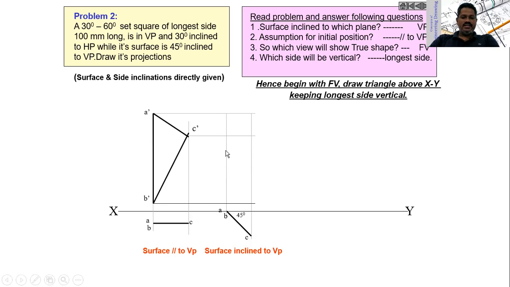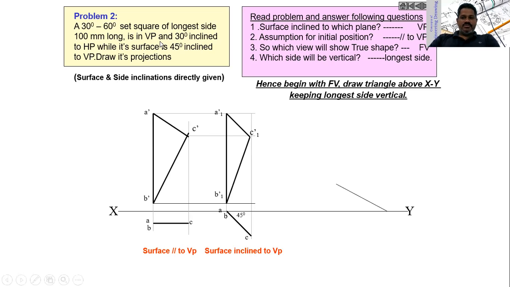So first point, second point, and you will get a third point. So this point and this point, join these points, we will get the shape of the set square when it is 45 degrees to vertical plane, and name those points as A1 dash, B1 dash and C1 dash.